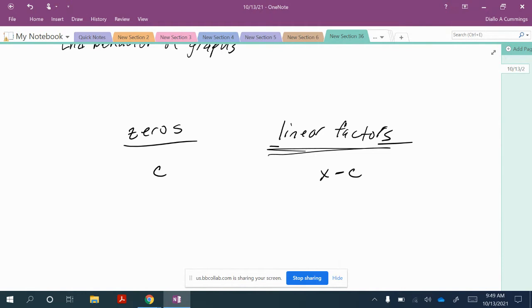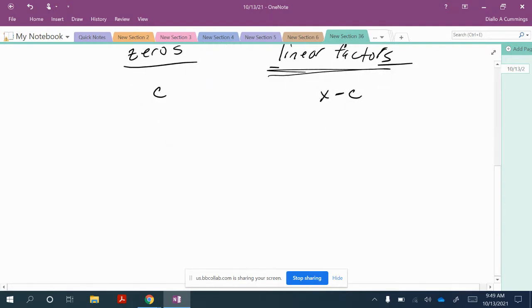Now, we talked about zeros, and a physical representation of a zero is an x-intercept. Okay, so what we're going to basically be doing in this section is taking a look at some graphs, and based on those graphs, we're going to try to write out the equations. All right, but first let's take a look at some examples.